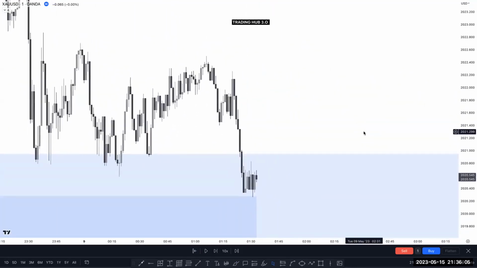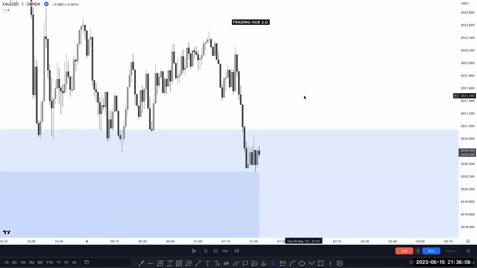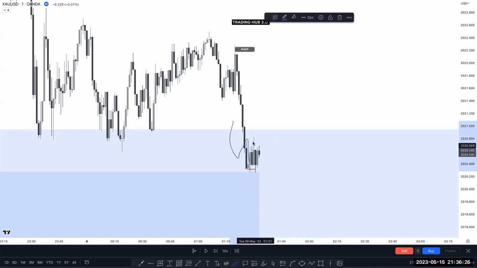So price mitigates your refinement order block here. And in this case, you have to wait for two possible scenarios. First one is a chalk flip entry module. You can buy or sell. So first of all, you have to mark your first pullback. So this is our pullback like this.